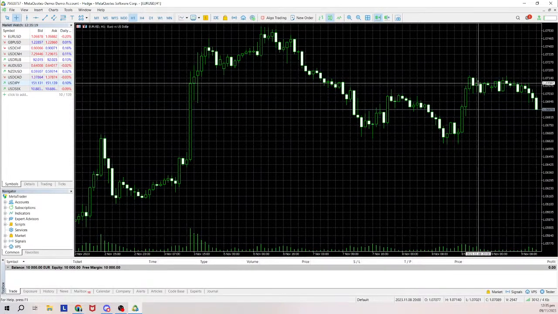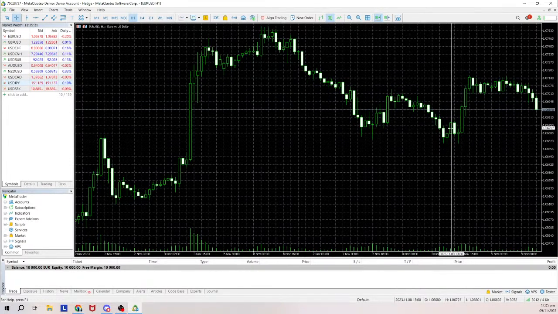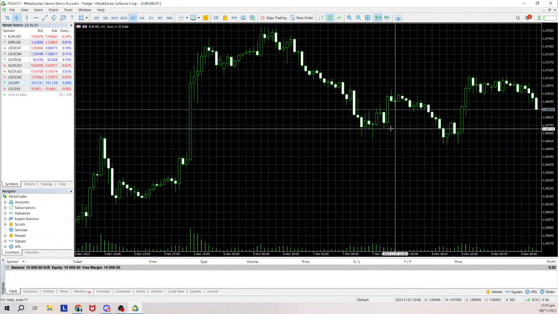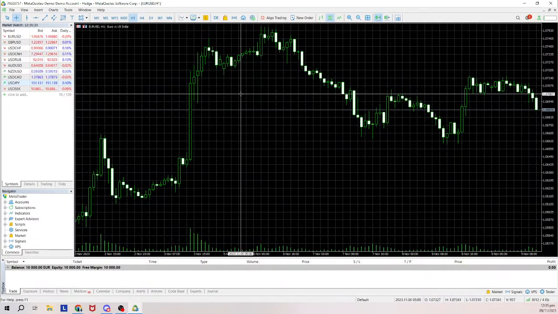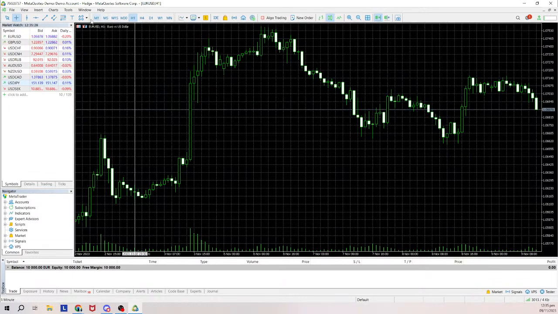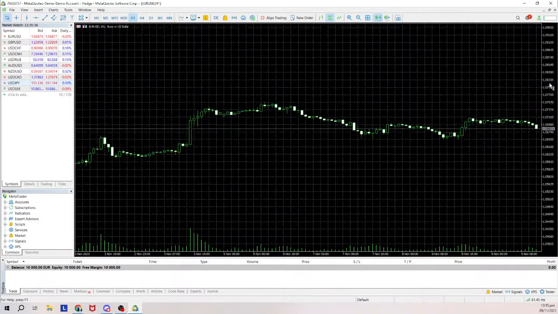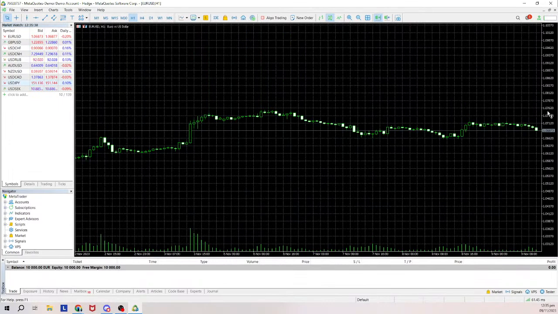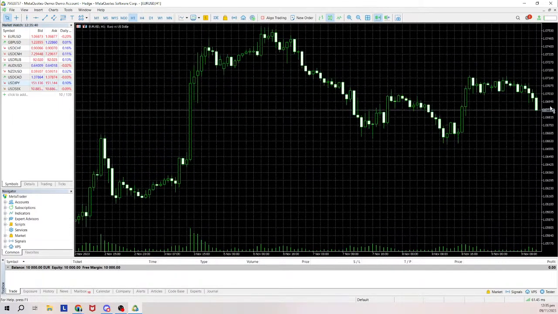Based on my cursor I can move up and down to see the price on that specific date. Here I'll go back to my mouse. I can decide to have a smaller or a much wider look at the smaller time frames available.